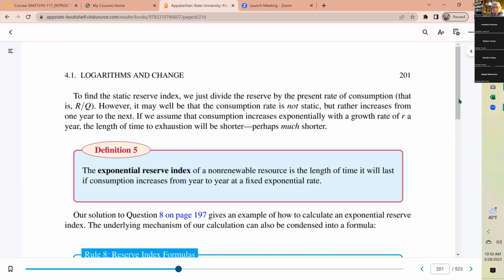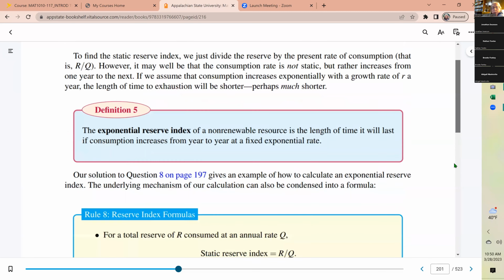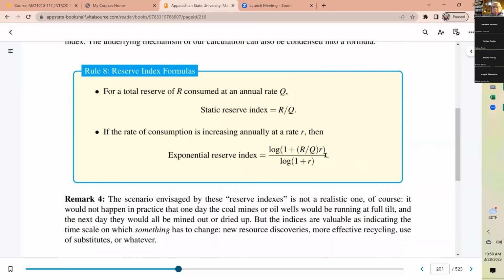So this one uses a rate, like a percentage, that's your r. This one has how much there is, and this is the same unit. So if this is 5,000 barrels, maybe we're using 10 barrels a year.